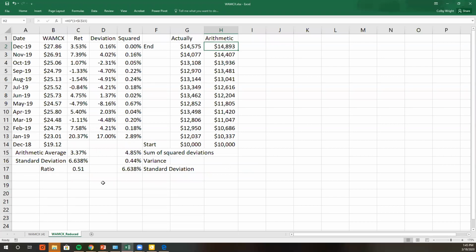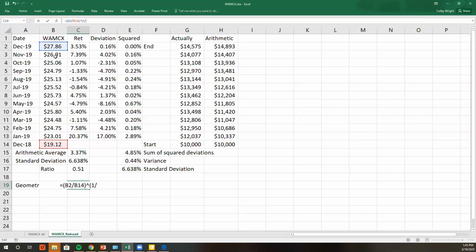Okay, so now I'm just going to calculate the geometric average returns. So what I'm going to do is I'm going to take the ending value. This is the ending price. I'm going to divide it by the beginning price. You have to watch out on this. We're going to raise this to 1 over the number of compounding periods, but this is where you have to be careful.